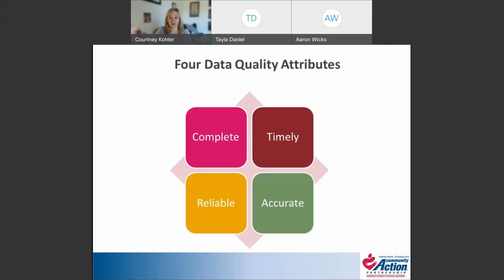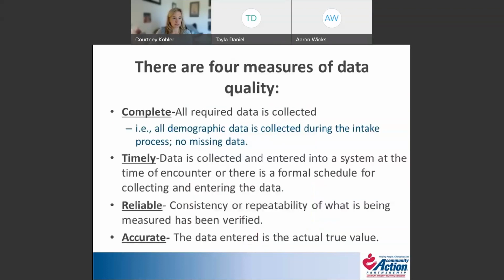Another thing that we want to talk about in relation to collection is the 4 data quality attributes. You see them here on your screen: complete, timely, reliable, accurate. We'll go into a little more detail on what these mean, because sometimes these are a little bit misunderstood.